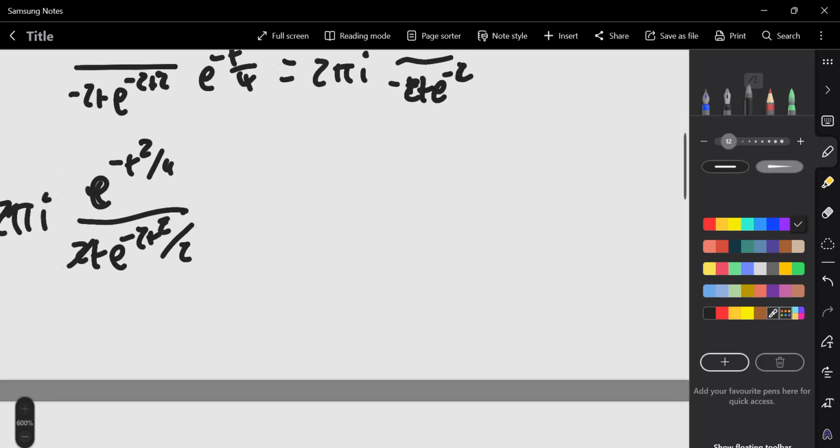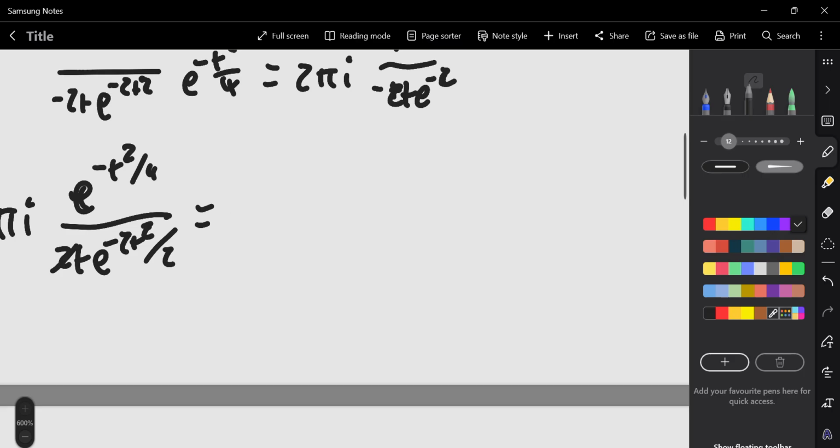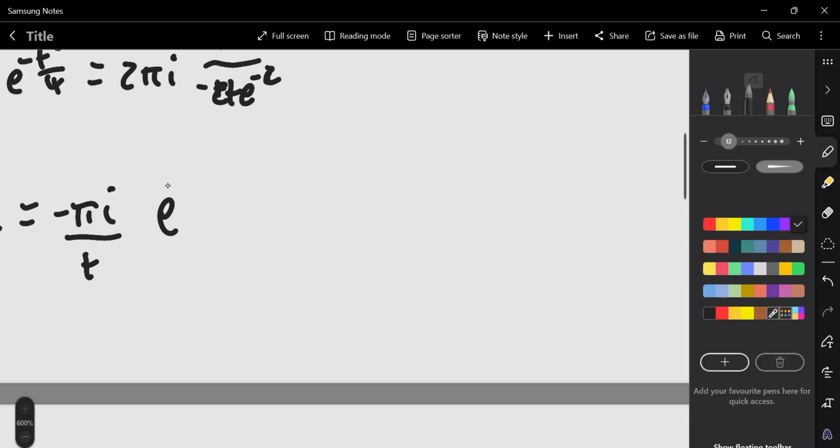We're gonna get minus pi i over 2, e to the minus t squared over 4 divided by e to the minus t squared. Oh my god, we're getting somewhere. Yeah, actually getting somewhere.